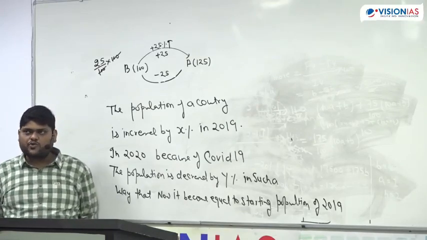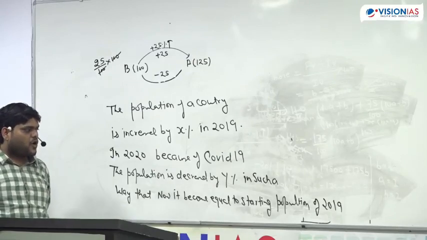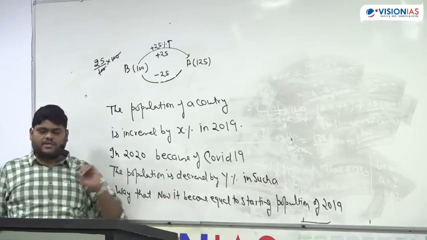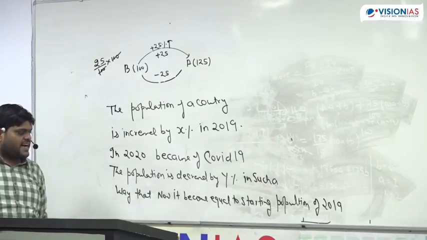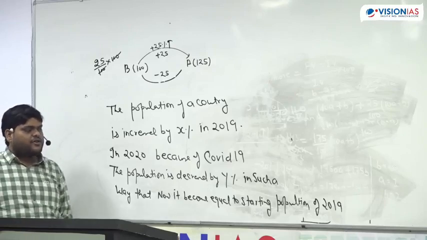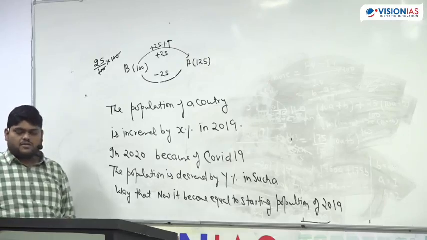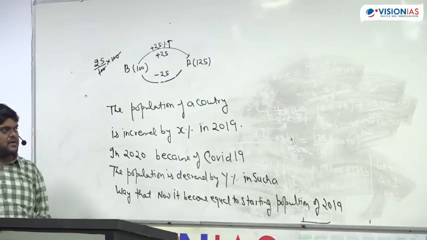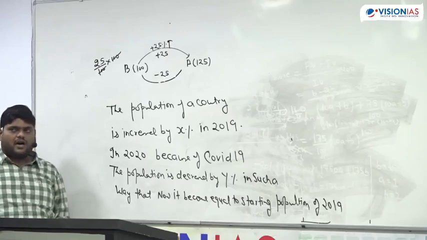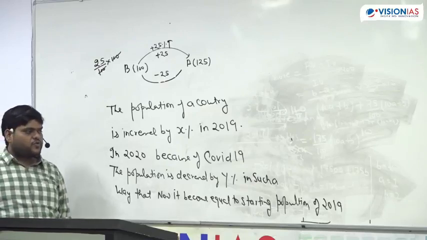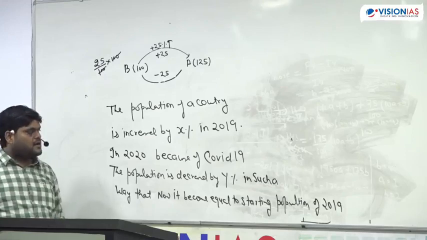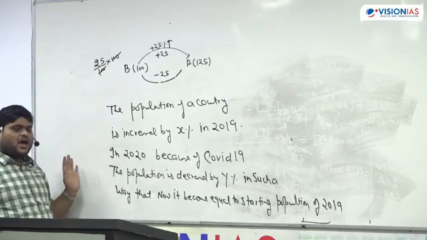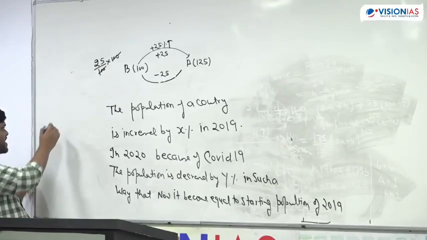In 2020, because of COVID-19, the population is decreased by Y percent in such a way that now it becomes equal to the starting population of 2019. Then which of the following relationship will be correct?